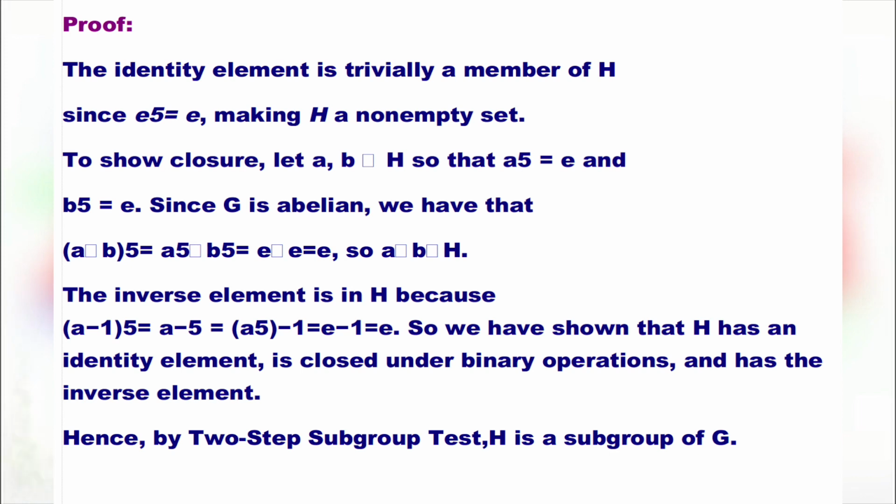So, ab is an element of H. The inverse element is in H because a to the power minus 1 the whole power 5 is equivalent to a to the power minus 5, which is equivalent to a to the power 5 the whole power minus 1, which is equivalent to e to the power minus 1, which is equivalent to e.